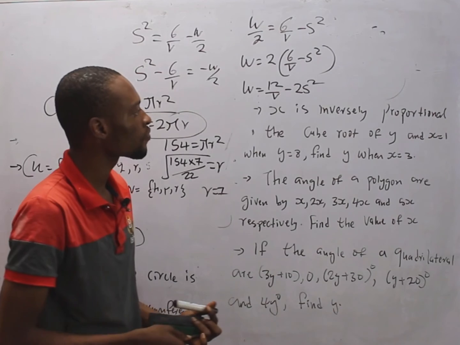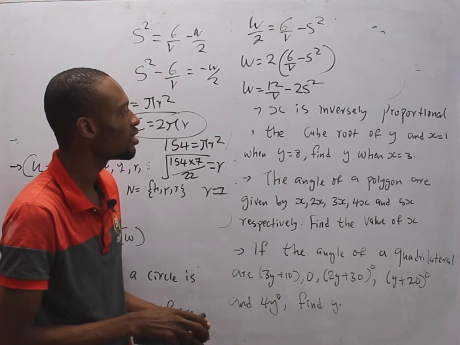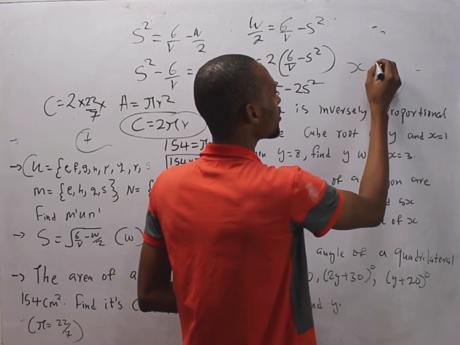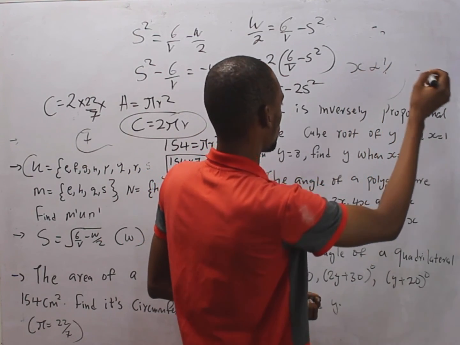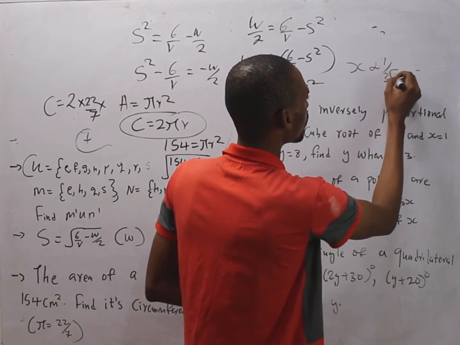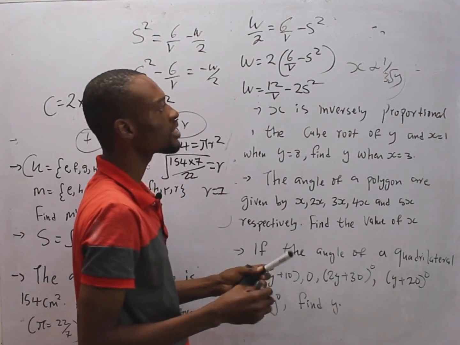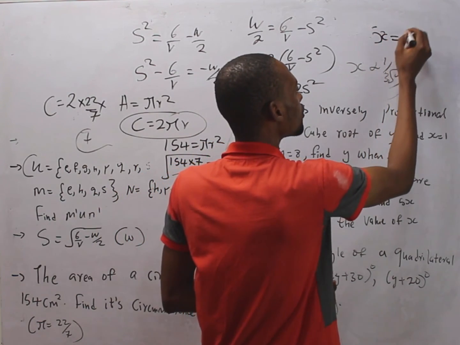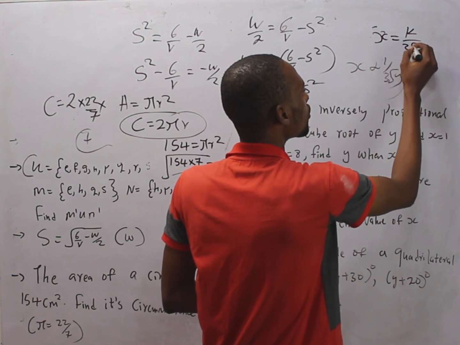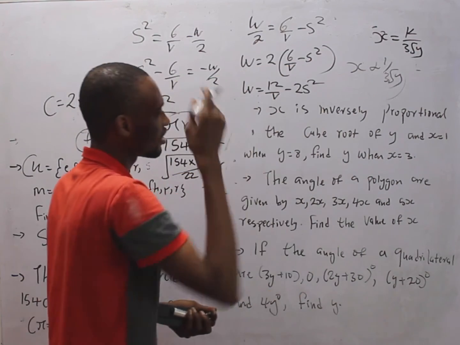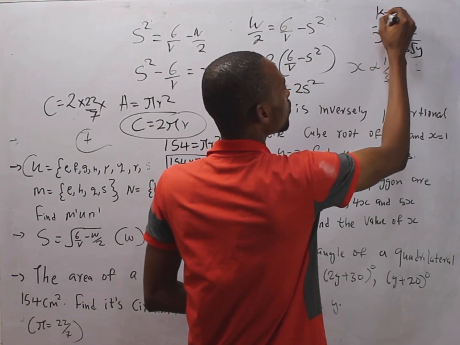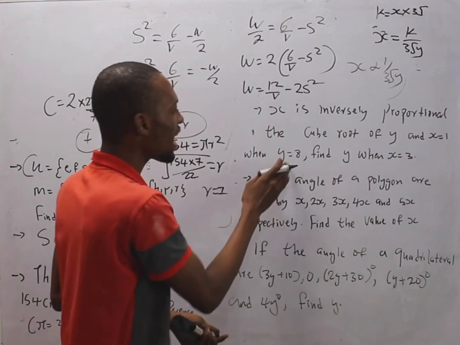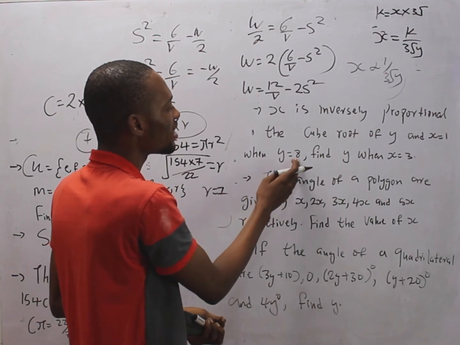And look at this. If S is inversely proportional to the cube root of Y, it means S is proportional to 1 over the cube root of Y. Then we introduce a constant because we don't solve with the proportionality sign. So S is equal to K over the cube root of Y. Then K is equal to S times the cube root of Y. Now Y is 8. The cube root of Y is 2.